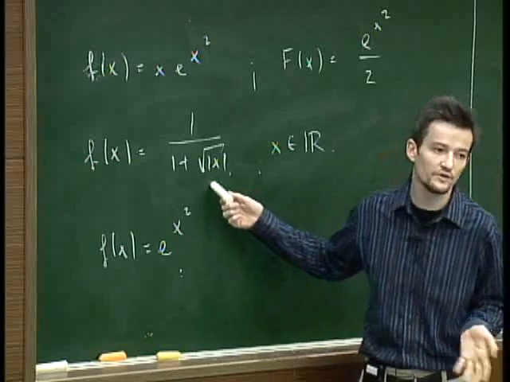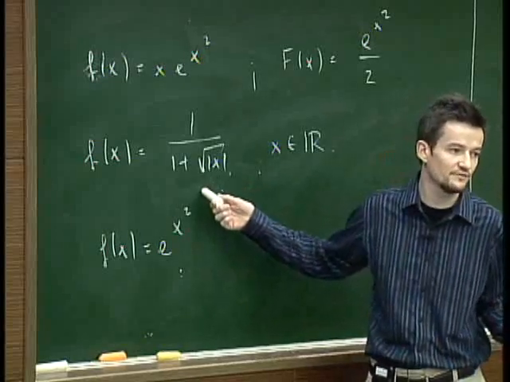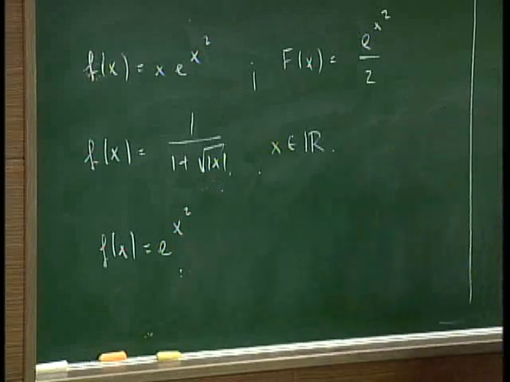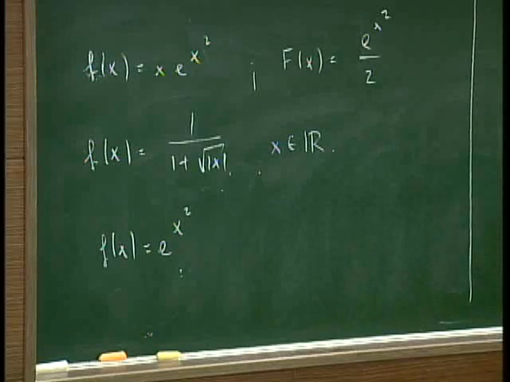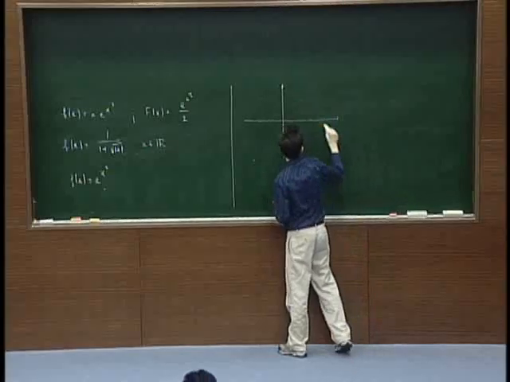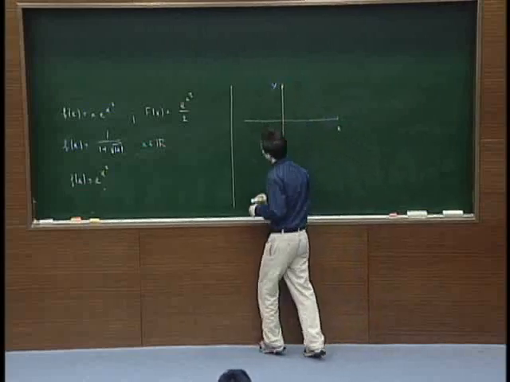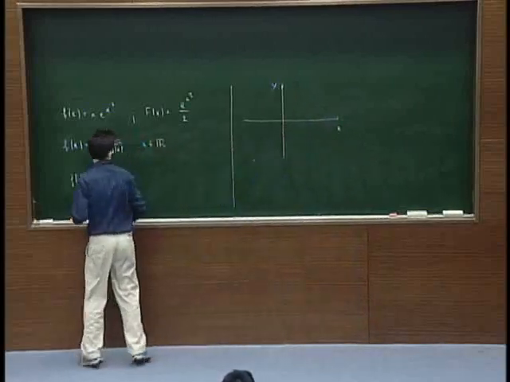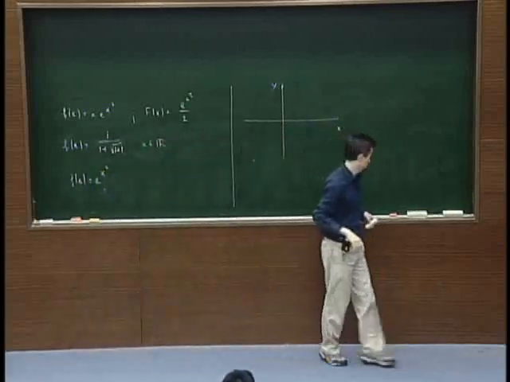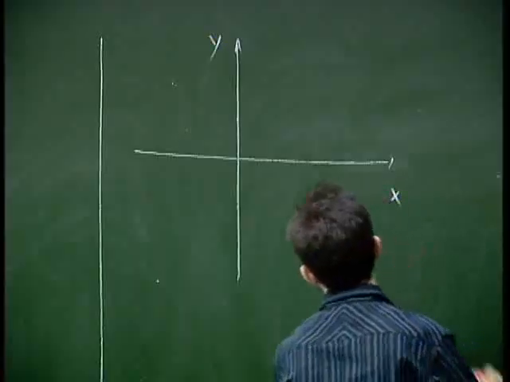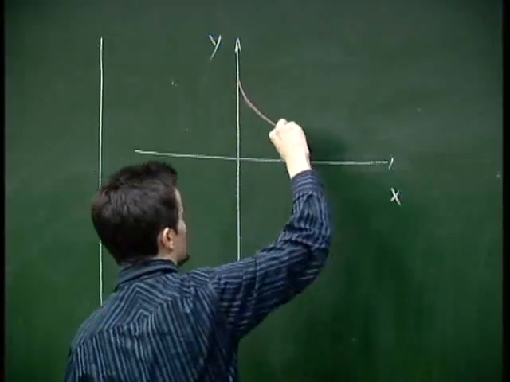if we do not find an expression for the antiderivative, what we can do is try to find it by plotting the graph. This is something we can always do. So if you look at this function here, if you plot it, we have here 1.